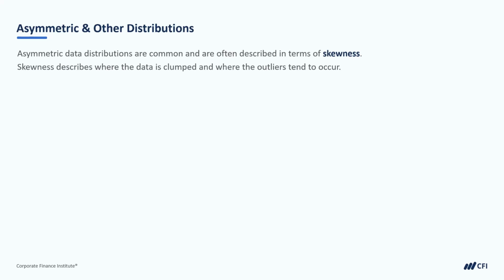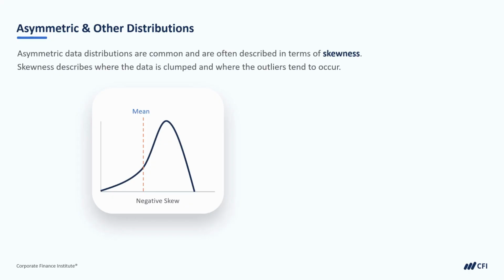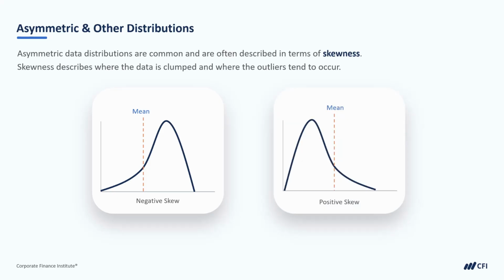Asymmetric data distributions are common and are often described in terms of skewness. Skewness describes where the data is clumped and where the outliers tend to occur. With negatively skewed distributions, most of the outliers tend to be to the left of the mean, pointing in the negative direction, while most of the data tends to be clumped to the right of the mean. With positively skewed distributions, the outliers tend to be to the right of the mean, with data clumped on the left.